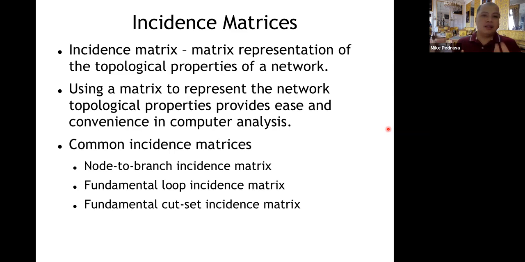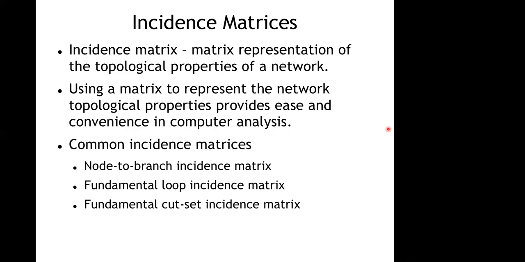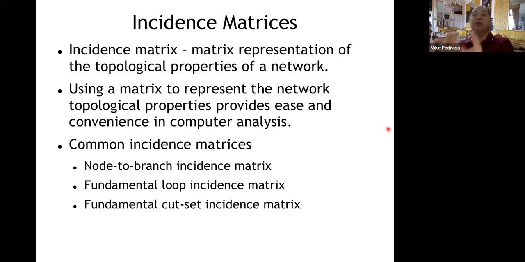So we have a network. We can see a substation here, a substation there, and so on. How are we going to represent the connectivity among the different substations using a mathematical expression? One way to do that is to use matrices.